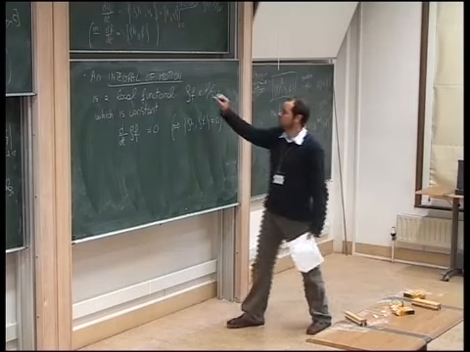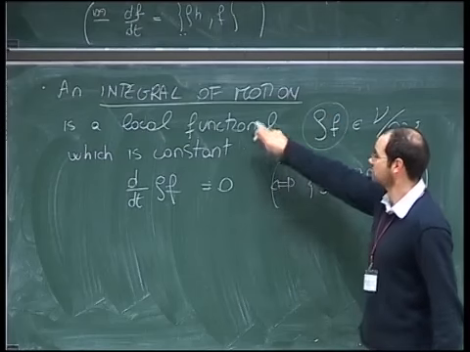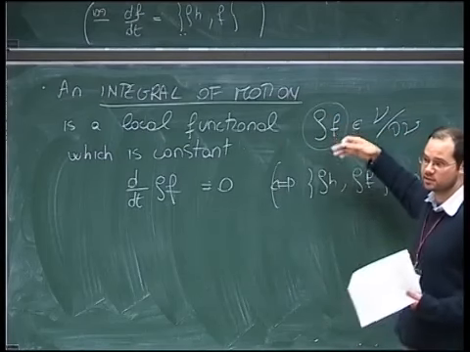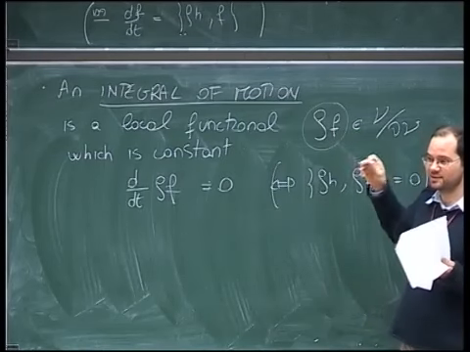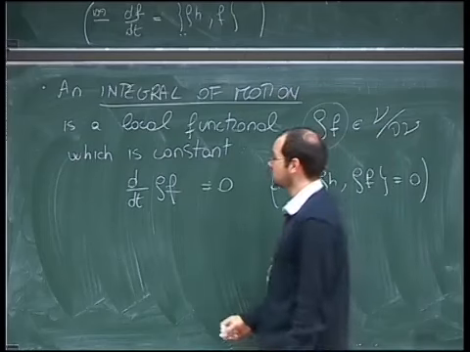And so let me just say that we take such elements to be integrals of motion because in physics these are so-called physical observables, kind of local functions are the physical observables.